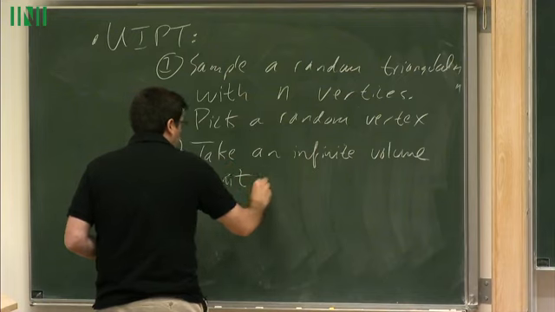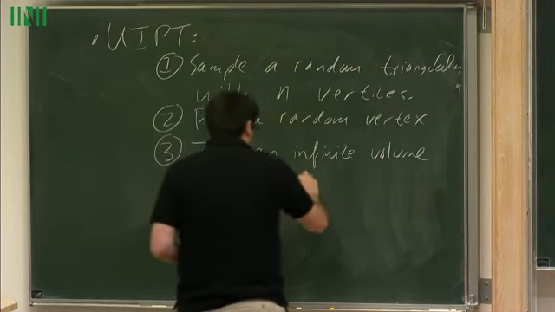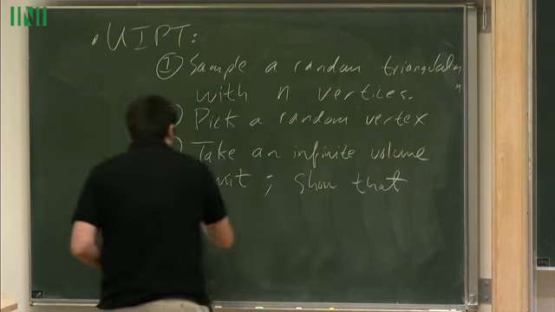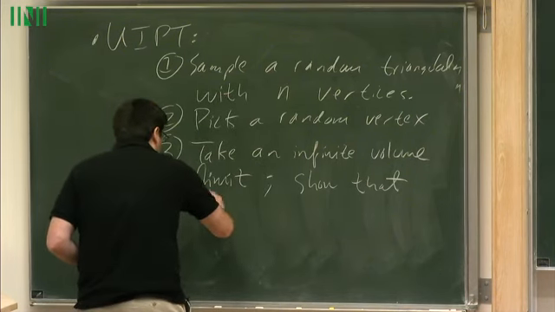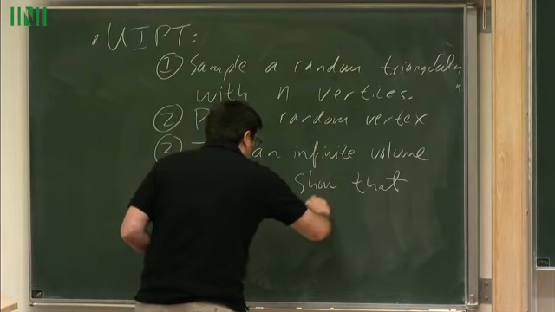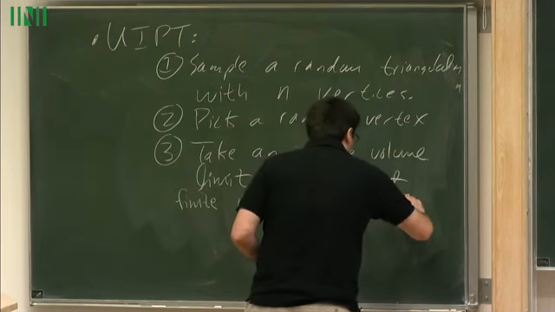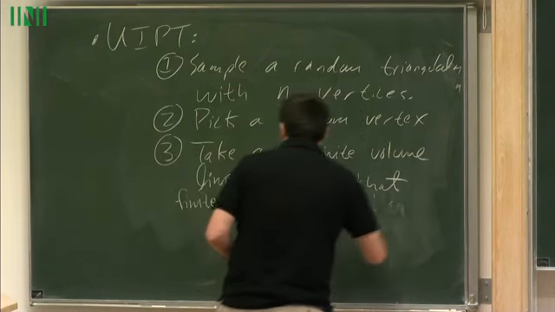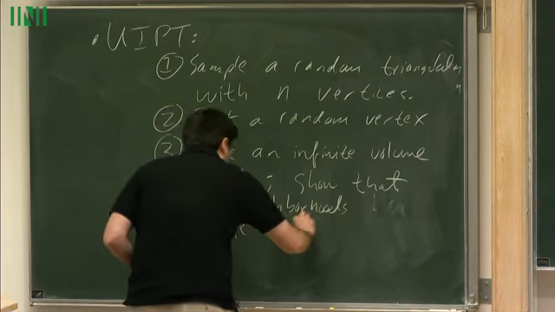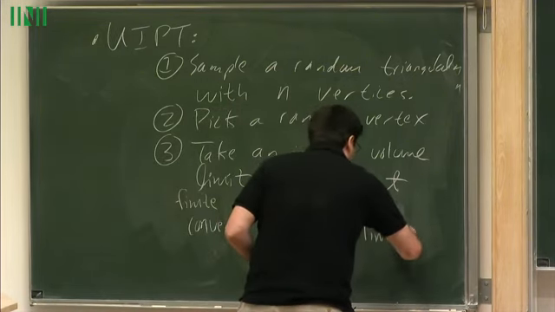And what you try to do is you show that finite neighborhoods of your point converge in the limit to some kind of limiting random graph.